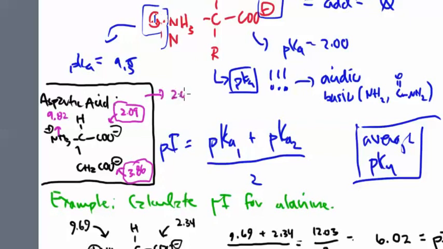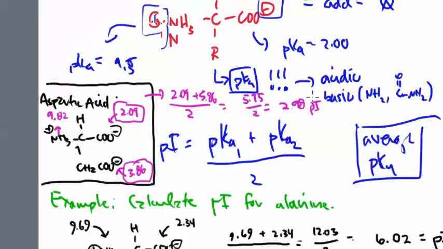So I'll take 2.09 plus 3.86, and then I'll divide that by 2. So 2.09 and 3.86, that is 5.95, and then I'll divide that by 2, and I'll get 2.98 as the pI value. So that is how you will treat the ones that do have this third pKa value.